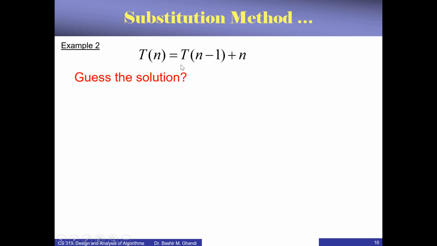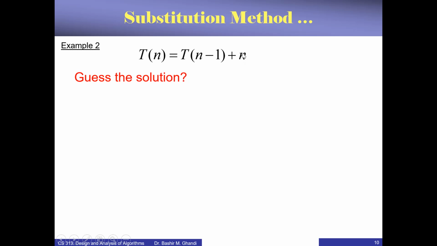Again, if you examine this closely, we are doing n operations and then calling the recurrence relation again, this time with almost all of n except we subtract 1. So when we call it with Tn minus 1, it is going to be Tn minus 2 plus n minus 1.